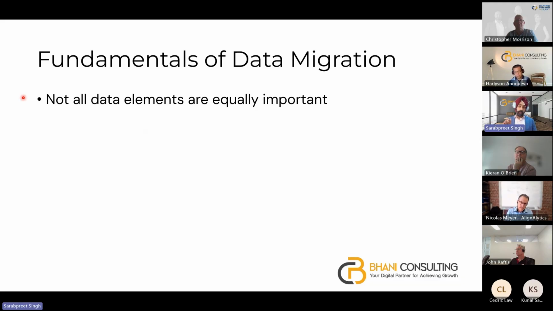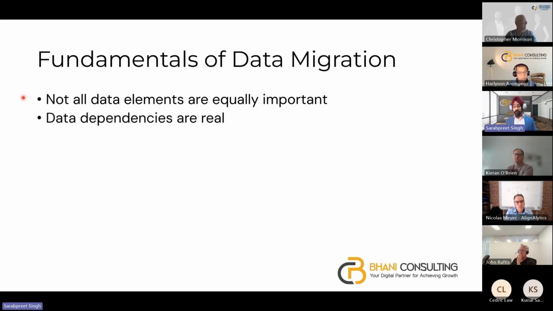That means customers, suppliers, chart of accounts, parts, everything doesn't have equal importance at any point in time. When we start the ERP implementation, chart of accounts is where we need the focus, followed by other data elements. So not everything is equally important. That means we can set priorities.